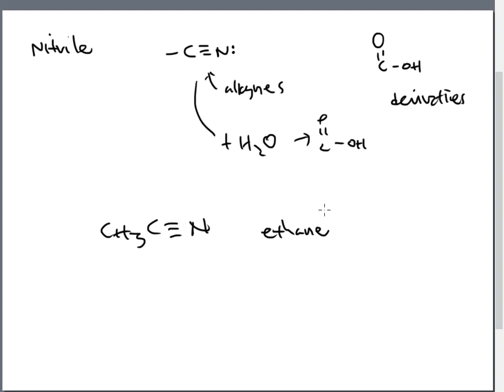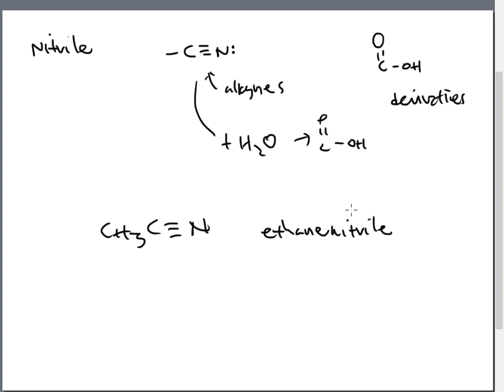Now, how do you think we're going to name the nitrile group, that triple bond N? Well, not surprising, we're going to use the word nitrile. I told you, it's not rocket science. So I simply have to add the word nitrile at the end.